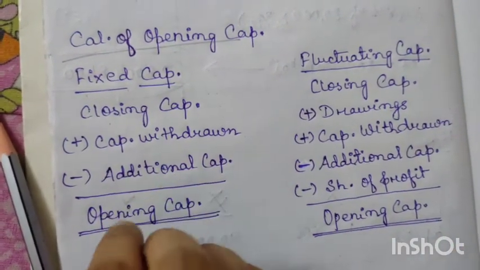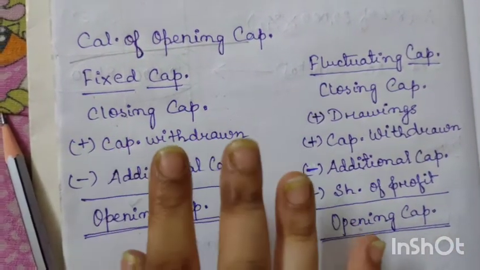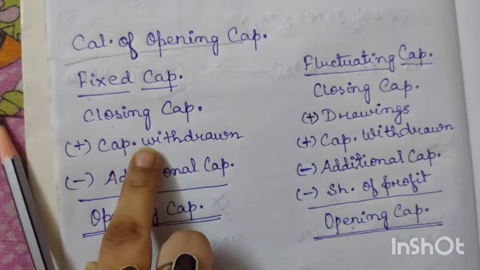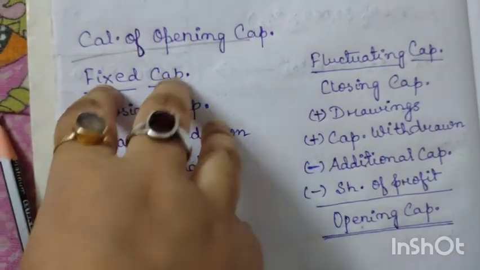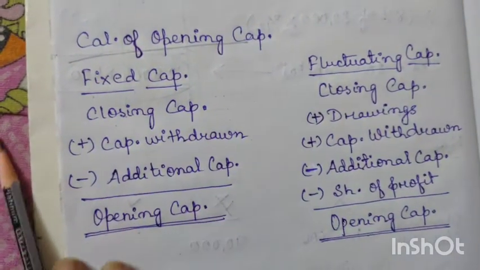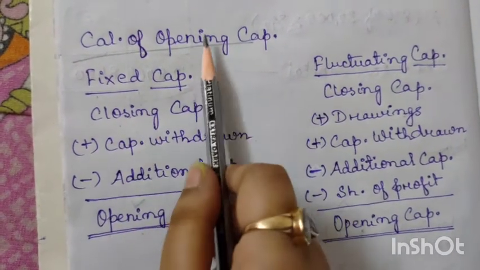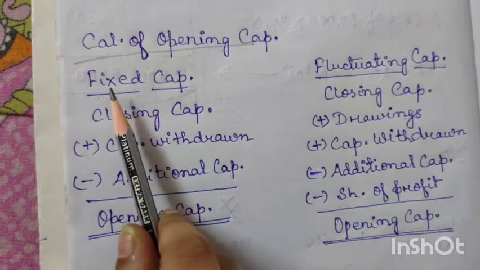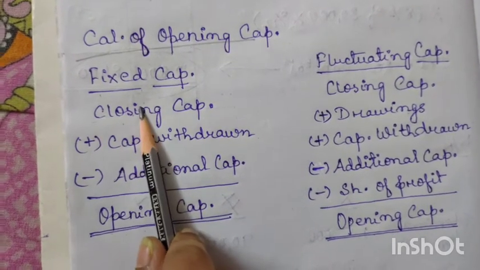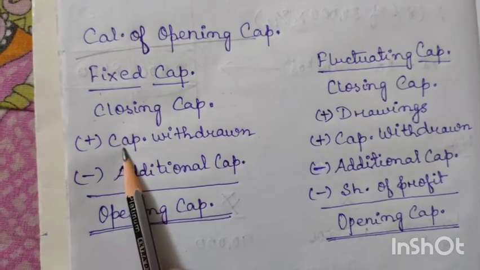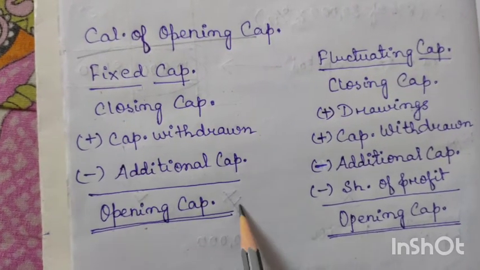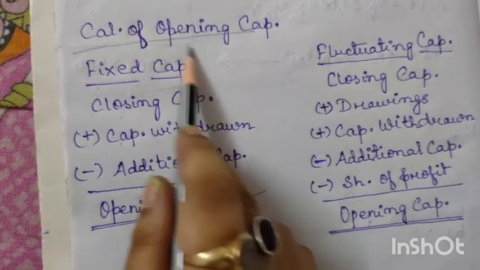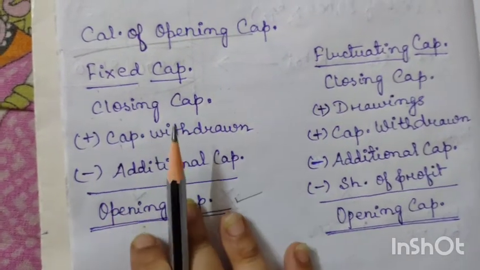In this case, only two adjustments are done: one for capital withdrawn and another for additional capital. So under fixed capital, we calculate opening capital as closing capital plus capital withdrawn minus additional capital. This is under fixed capital when our capital is fixed.